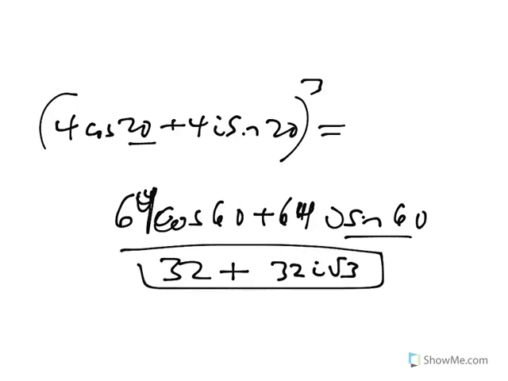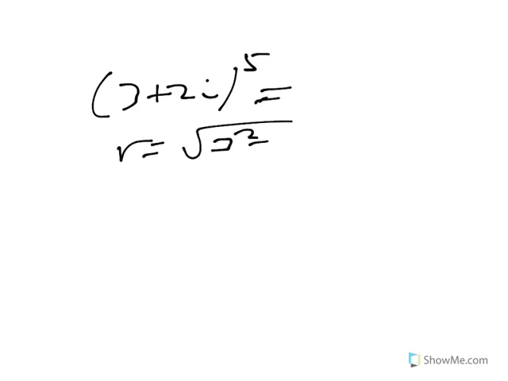So that's one thing I can do if the number's already given in polar form. If the number's not already given in polar form, like 3 plus 2i to the 5th power, then what I could do is convert it into polar. r is the square root of 3 squared plus 2 squared, which is about 3.61.